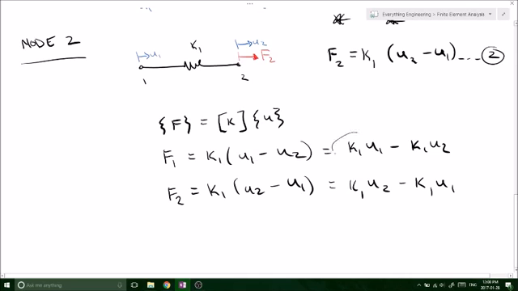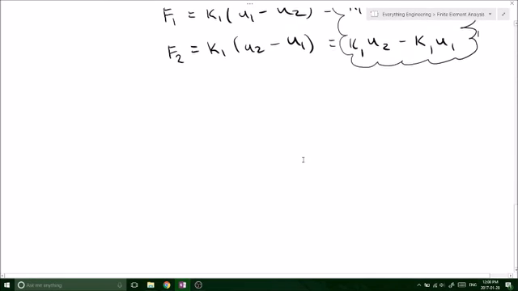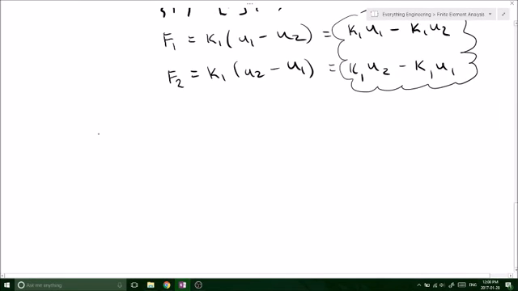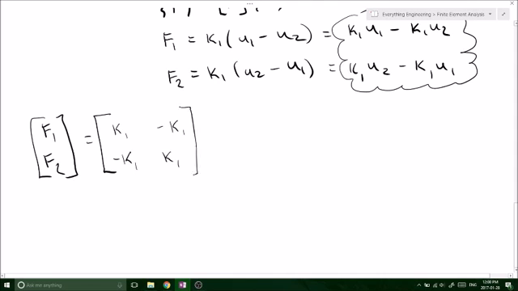So looking at this formation, we can easily see that we can put that in a matrix form, right? So let's put it in a matrix form. And you can look and see that our K1s would be the common factor, and our U1 and U2 would be the unknowns that we're looking for.